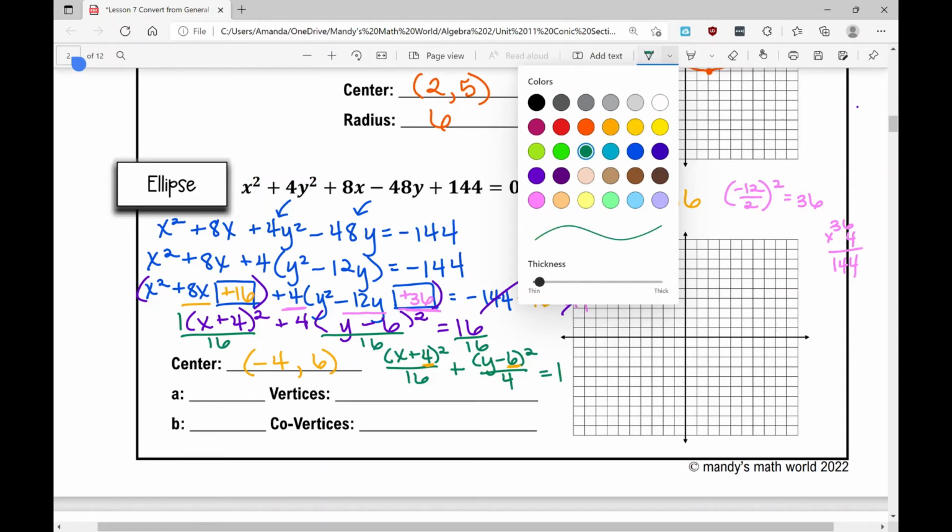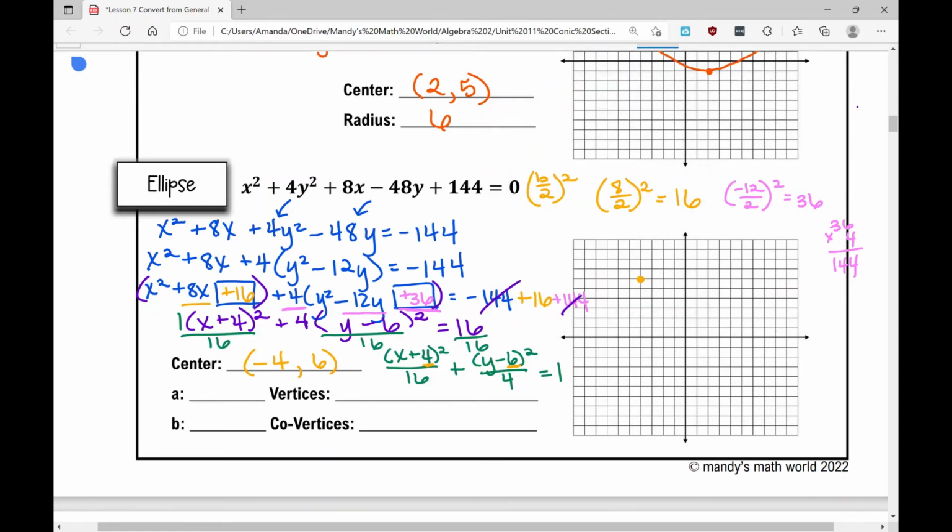Now, when we're talking about an ellipse, the A value is always the larger value, right? So whatever the larger value is under, that tells me if my major axis is vertical or horizontal, okay? Because the larger term is under the x, that major axis is going to be horizontal. So I know this is going to be something like this, or I can write horizontal, okay?